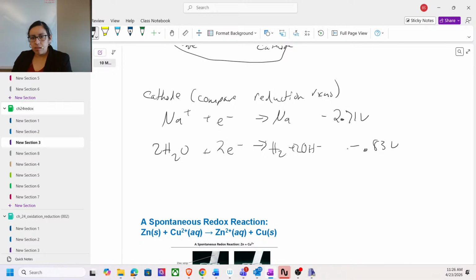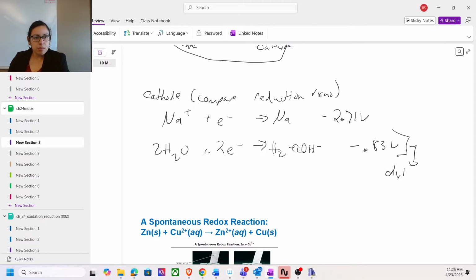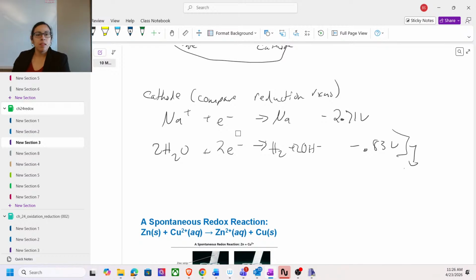It's much easier to perform this, and so in reality this is the only product. And of course, not to mention the physical issues: if you were to somehow plate out the sodium, it would be reacting with the water as well, so that certainly doesn't help anything.